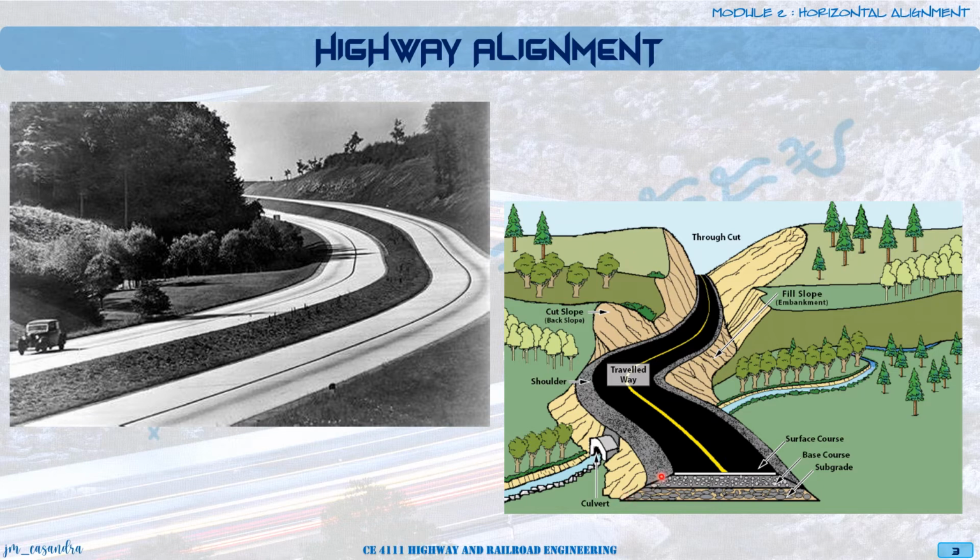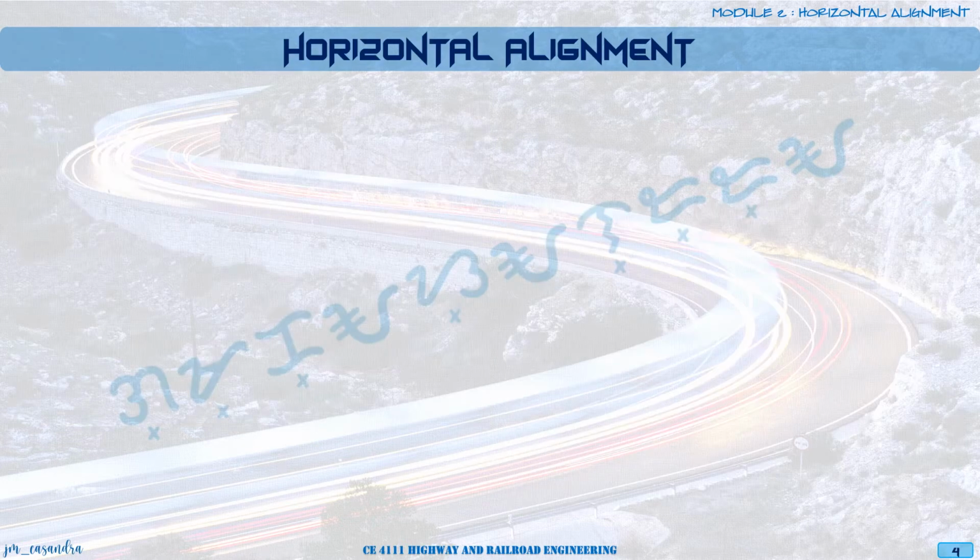The cross section is how we see it here, where we have our super elevation. And then your horizontal alignment, how we see it on top. And then our vertical alignment is how we see it on the side, how it goes up and goes down.